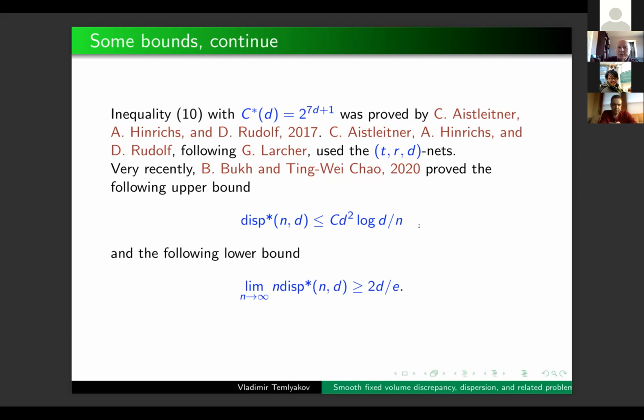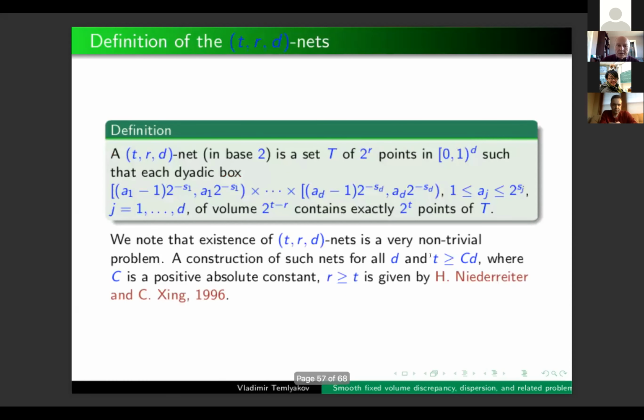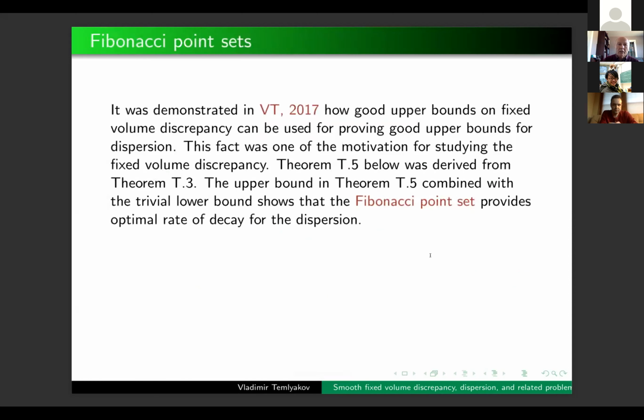Anyway, there were very interesting results which allowed us to go from exponential dependence on d to polynomial dependence on d in an upper and lower bound. So this is very, very interesting, and I hope we will learn more about this in today's talks. So let me skip this. It's not important.